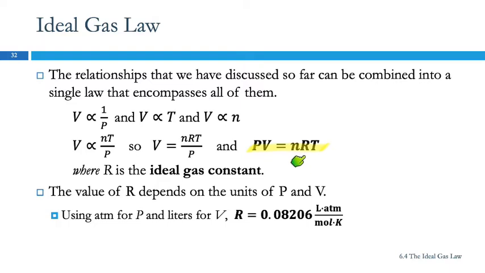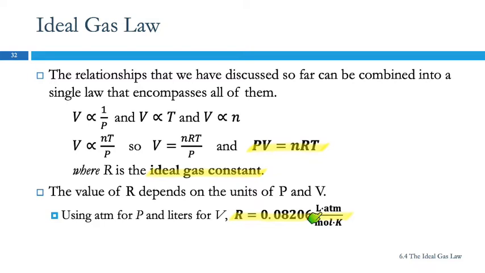R is a constant. R is the ideal gas constant for the ideal gas law, and the value of it will depend on what units you're using, but these are the units we're going to use.